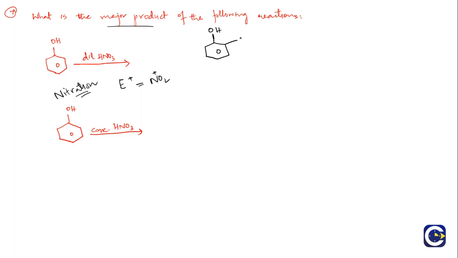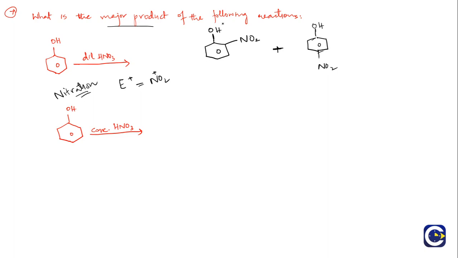One is the ortho product, in which NO2 is substituted at the ortho position of the phenol ring, and the other is the para product, in which the NO2 group is substituted at the para position.